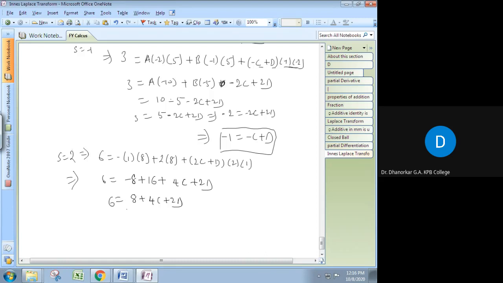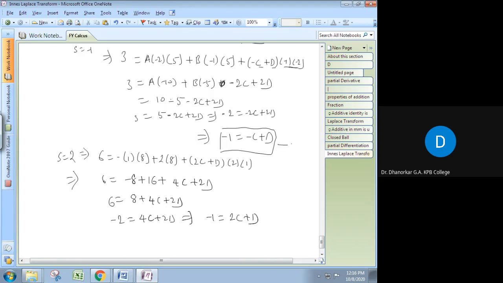Here is 6. Now I will take 8 to this side. This is minus 2, equal to 4c plus 2d. You can take 2 common and we will get minus 1 equal to 2c plus d.